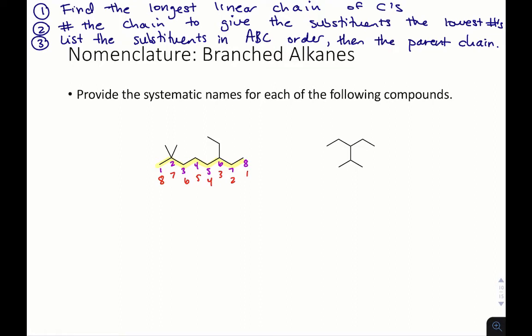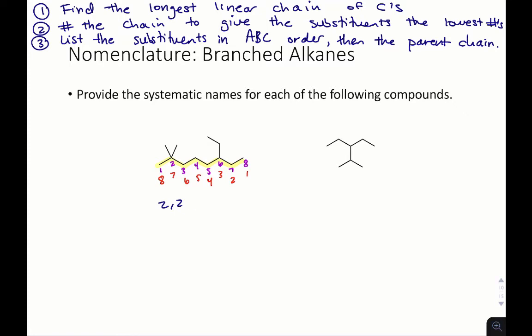So now let's take the longest linear chain that we found and number from left to right and right to left. From left to right, the purple numbers, we would get 2, 2, 6 as our substituents. For right to left, we would get 3, 7, 7. We can see the 2, 2, 6 is the lower set of numbers. So we're going to use the numbers in purple, numbering from left to right.